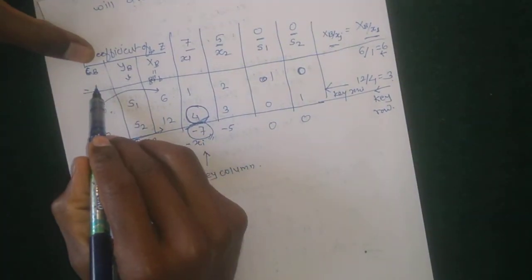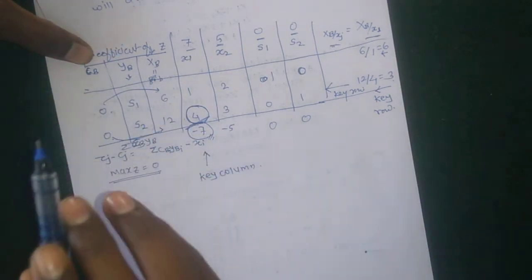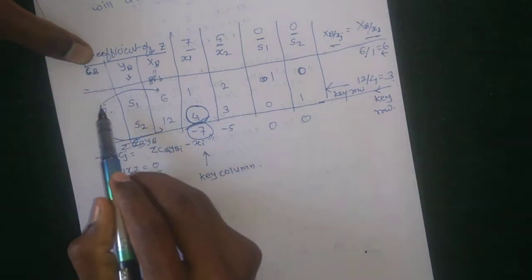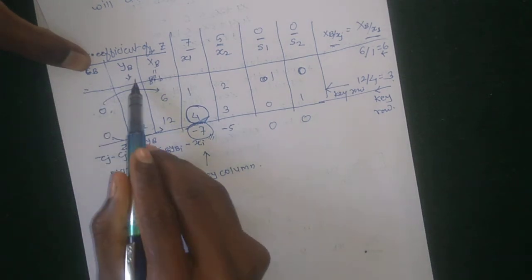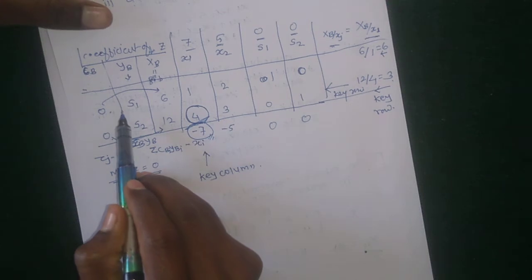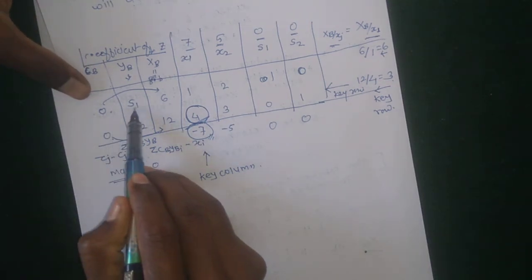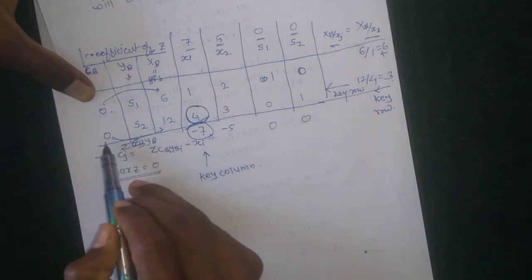Firstly we write CB, YB, XB. CB means first we write all slack and surplus variables in this column, YB, then put their coefficients from the objective function. The cost coefficient of S1 in the objective function is 0, and S2 is 0.